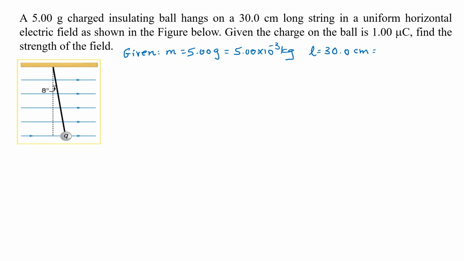We need it in meters, therefore that will be 0.300 meter. And the charge is given, and that's equal to 1 microcoulomb. And from the figure we know that the angle is 8 degrees, therefore theta is 8 degrees.